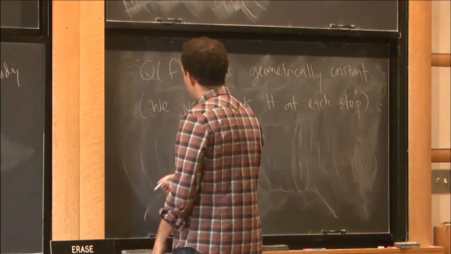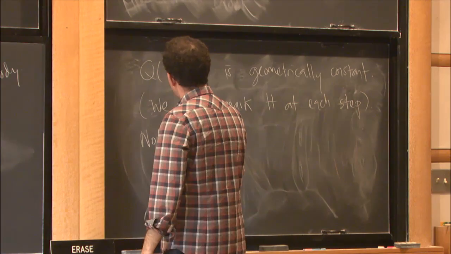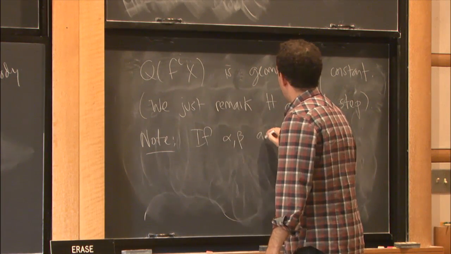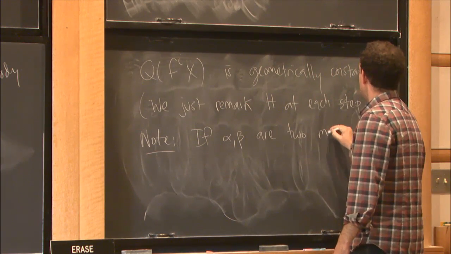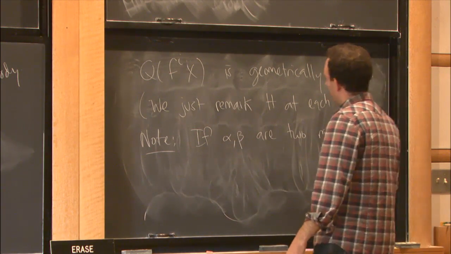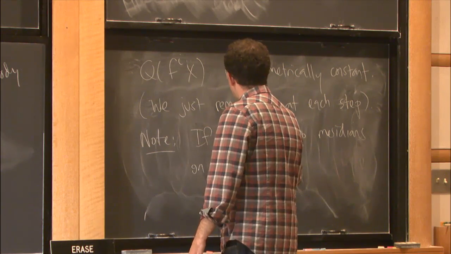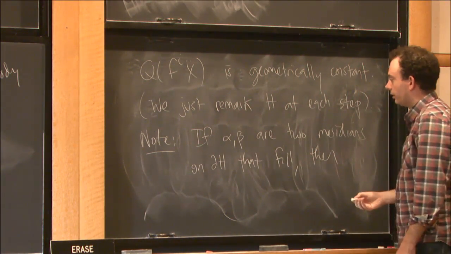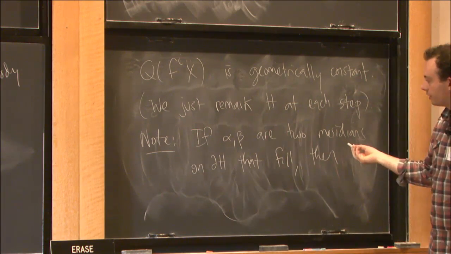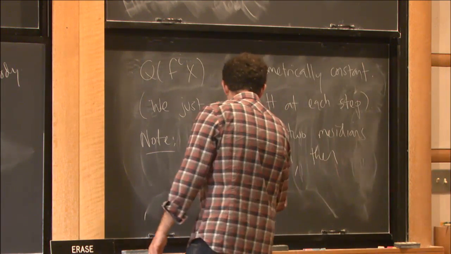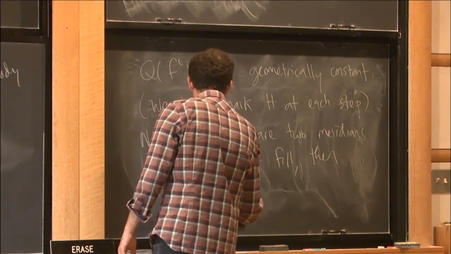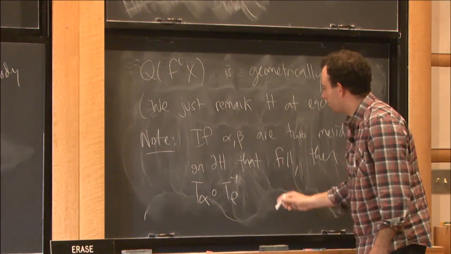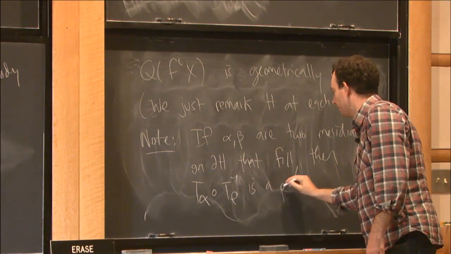For instance, if alpha and beta are two meridians on the boundary of H that fill, then the twists around the meridians extend, and then the twist around alpha composed with the inverse twist around beta is a pseudo-Anosov that extends.